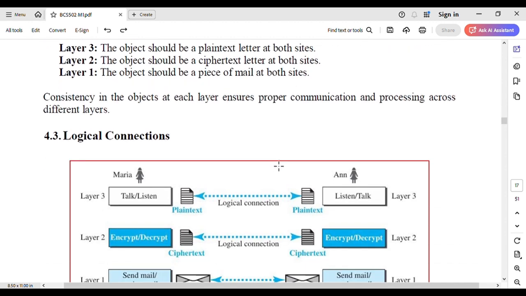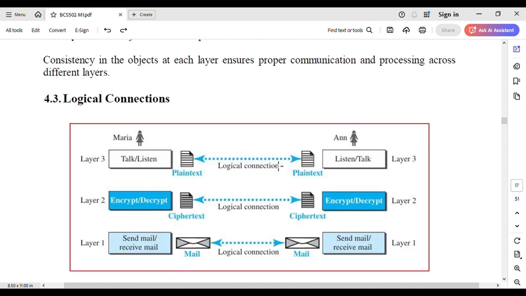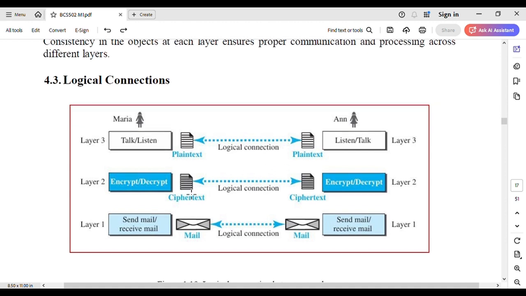So here we can easily understand what we have discussed in the concept of peer entities in the logical connection. Maria is the sender, and Anne is the receiver. Several things happen here. With respect to the sender, layer 3 has plaintext, and with respect to the receiver it is also plaintext. In layer 2, the data is in the format of encryption and decryption, that is, ciphertext, and at the receiver, layer 2 also has the ciphertext.